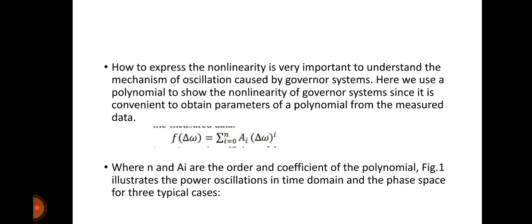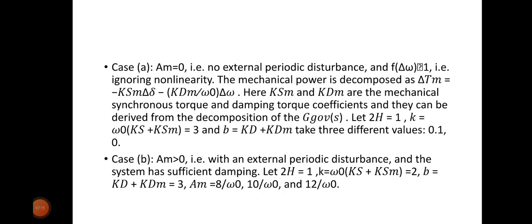The figure illustrates the power oscillations in time domain and the phase space for three typical cases. In case 1, Am is equal to 0, no external periodic disturbance, and ignoring non-linearity F(delta omega), the mechanical power is decomposed as delta Tm equals minus Ksm delta S minus Kdm by omega naught into delta omega.